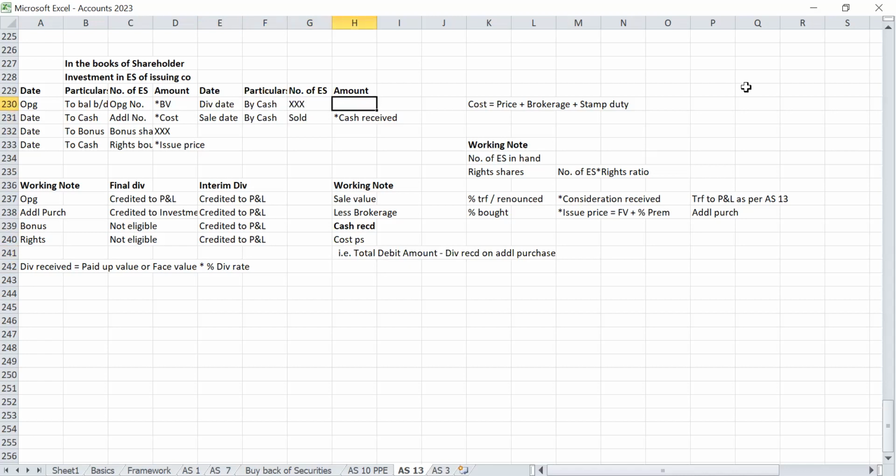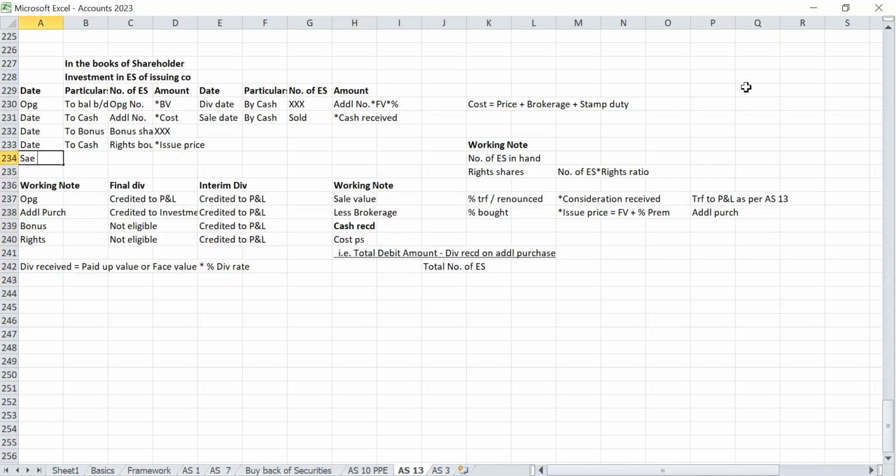Number of equity shares nil. Amount will be additional purchase into face value into dividend rate. So that will be deducted and divided by total number of equity shares. So you will get a profit or loss.